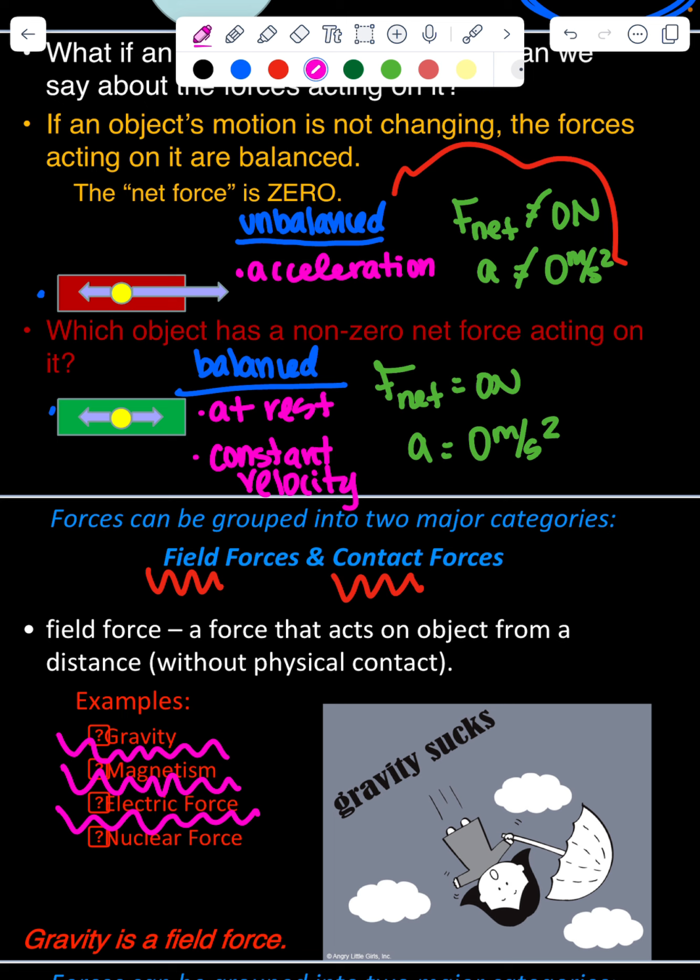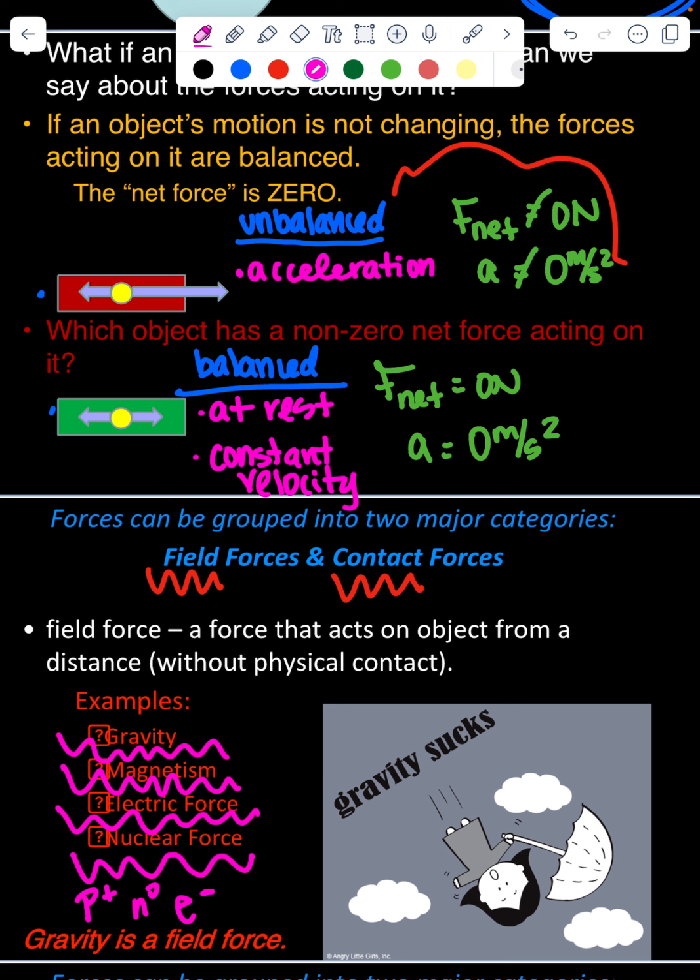And then nuclear force is what we talked about last year in chemistry. We know that we have 3 subatomic particles: protons, neutrons, and electrons. We have the nucleus that contains our positively charged protons and neutral neutrons, and then we have electrons that are outside of that nucleus.